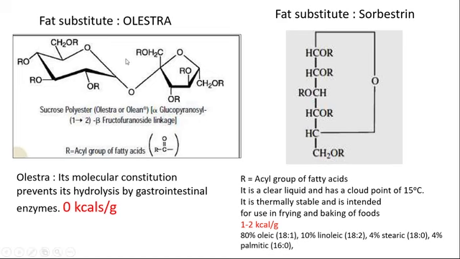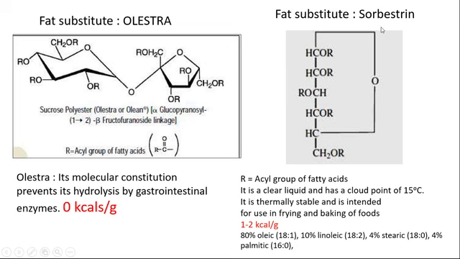Olestra is a modification of sucrose. It is a polyester of sucrose. So this is the sucrose molecule, and this is linked to fatty acids. R is the fatty acid, and this has 0 kilocalories per gram. Its molecular constitution prevents its hydrolysis by gastrointestinal enzymes.